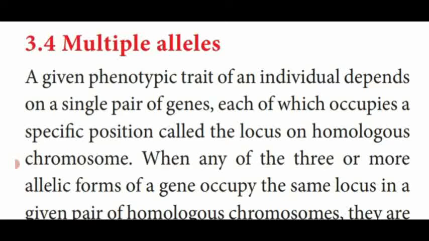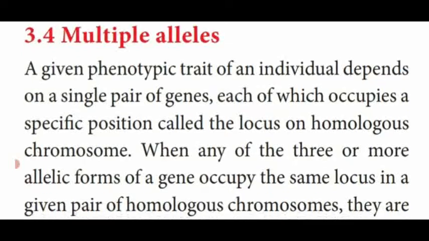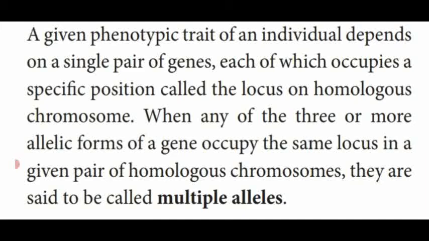If a gene has 3 or more alleles occupying the same locus, that means in the particular place of a gene there is more than one allele in a given pair of homologous chromosomes, they are said to be multiple alleles. So in a pair of homologous chromosomes, a gene which contains many alleles that determine the phenotypic character of an organism is known as multiple alleles.